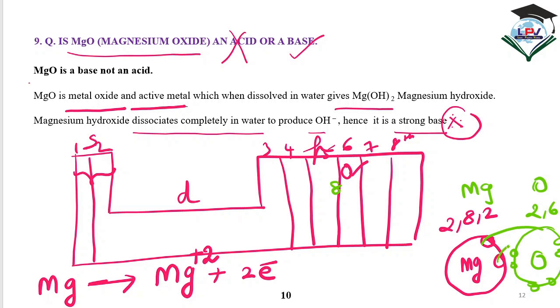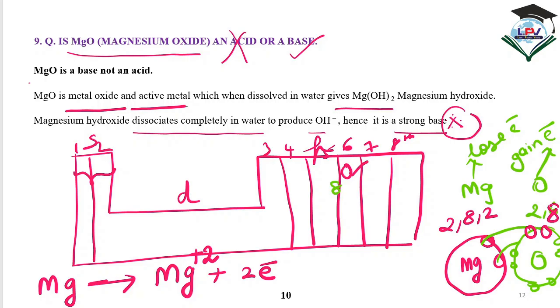I hope you're understanding the concept. Magnesium loses electrons and oxygen gains electrons. Now oxygen forms the octet after gaining 2 electrons. It becomes 8.